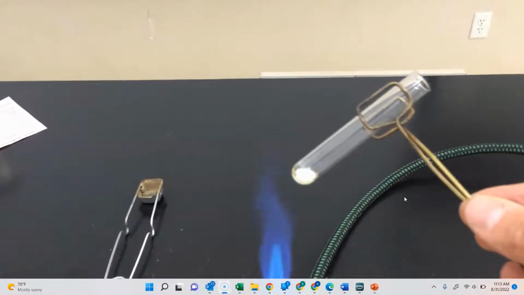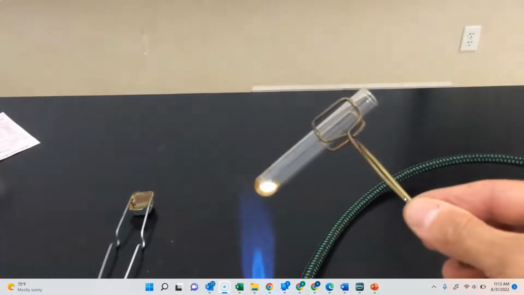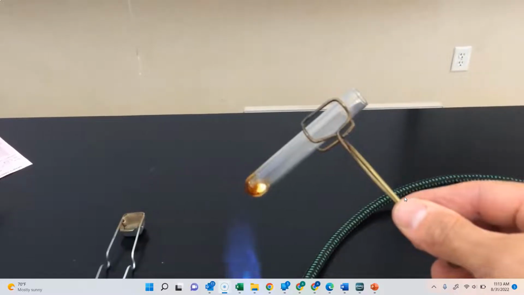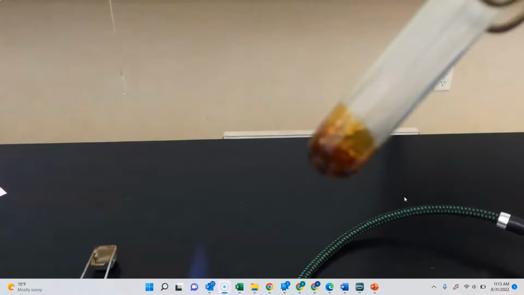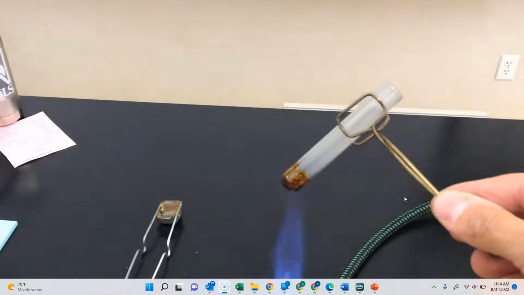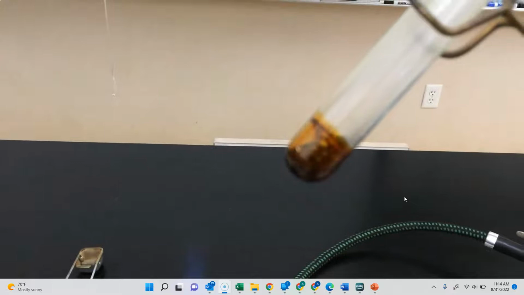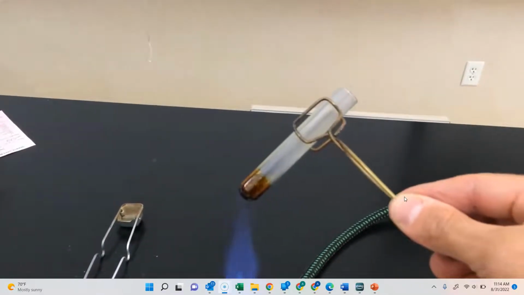Notice it's starting to caramelize a little bit, and eventually you see some bubbles there. They're escaping, and you see the test tube kind of fogging up a little bit. That should be evidence of some new substances that are forming. And then notice the end of this burning, what we're going to be left with.